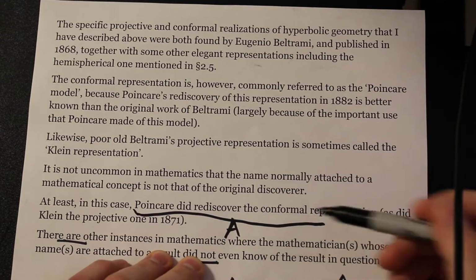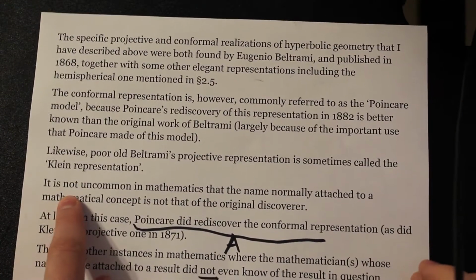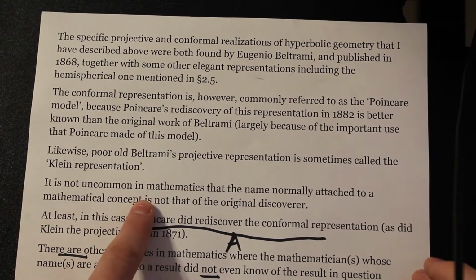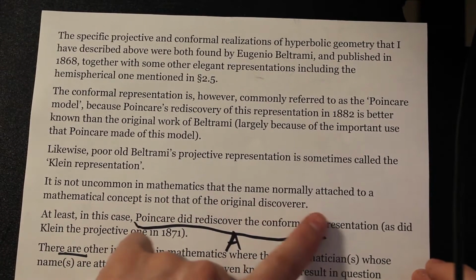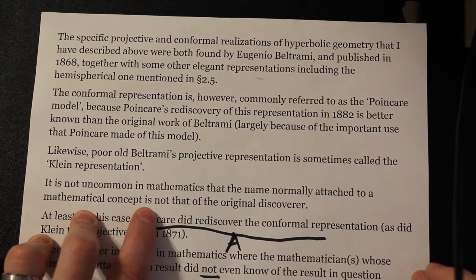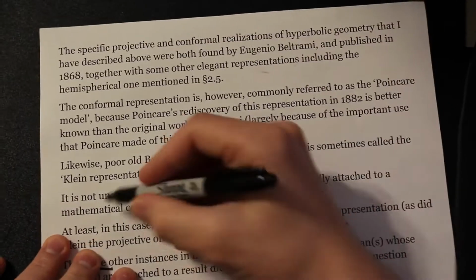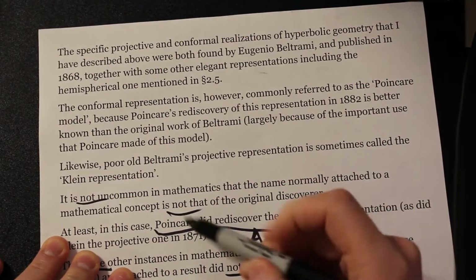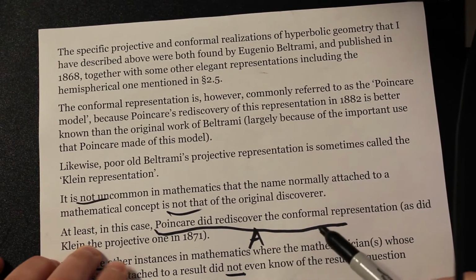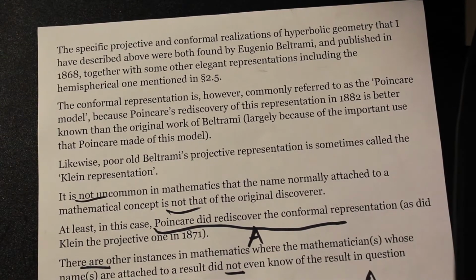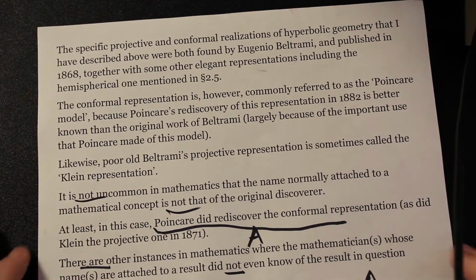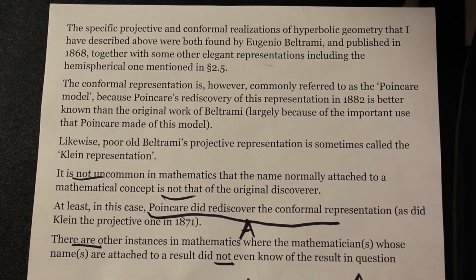Sentence A. In this sentence, it says, it is not uncommon in mathematics that the name normally attached to a mathematical concept is not that of the original discoverer. So you have not uncommon, not that of the original discoverer. You could do your part in splitting this into multiple sentences and connecting them.